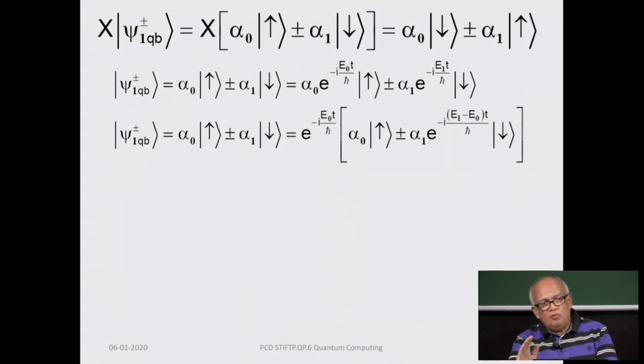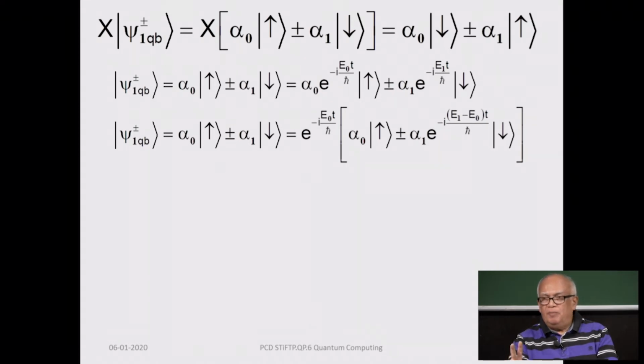Any physical state, if it is a stationary state, evolves with time: its phase is going to change. And I have now extracted the phases e to the minus iEt, but there are two states. One is the state spin half up and spin half down. They correspond to E0 and E1.